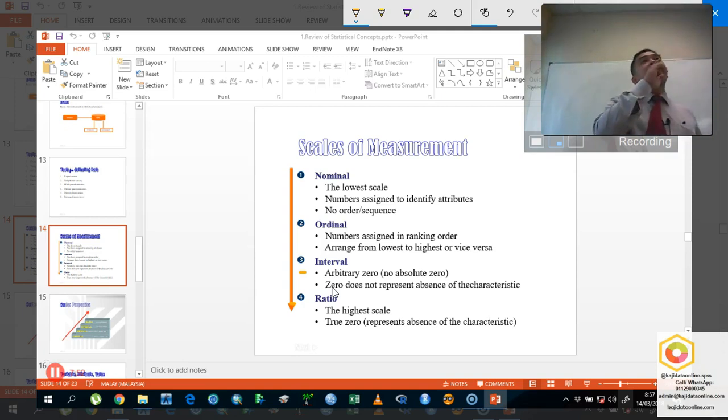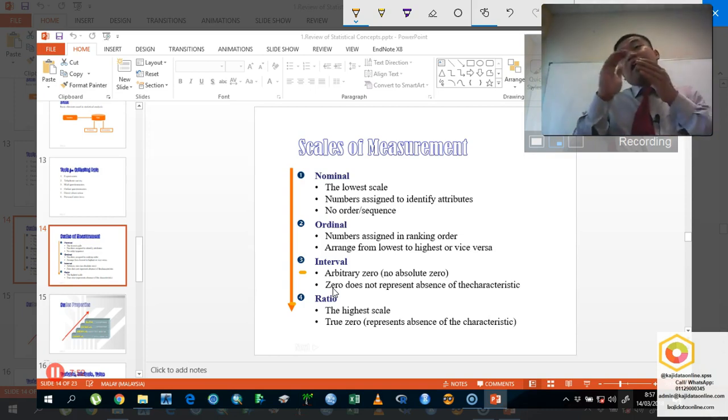For example, if you are talking about interval, we are talking about a zero that has no meaning. Or the zero actually doesn't mean anything to you. For example, I'm asking about your IQ and your IQ is 0. Does that mean you are stupid? No. That doesn't mean you are stupid. That means you don't want to answer.